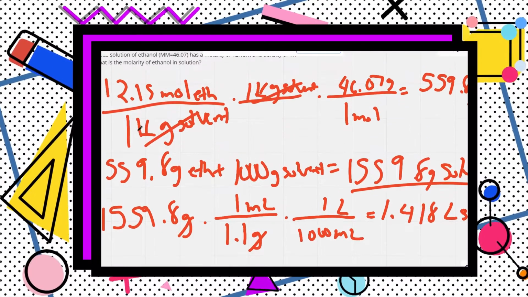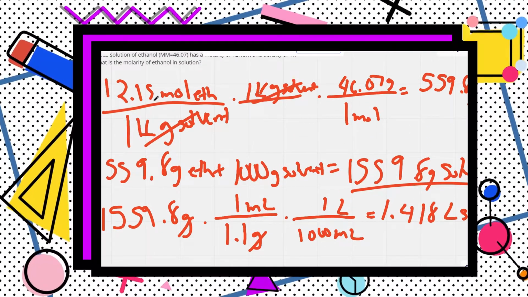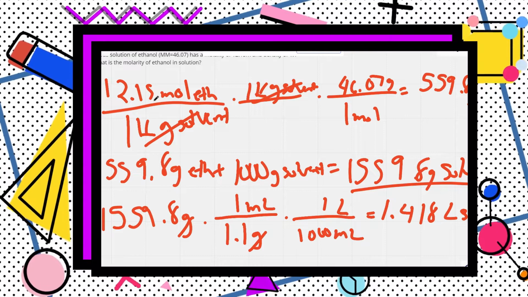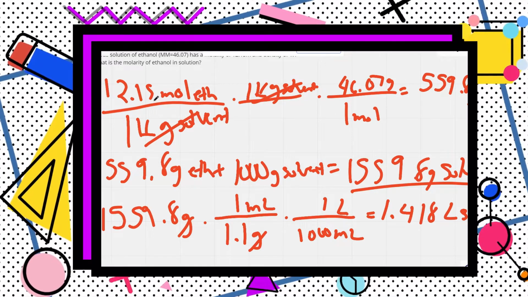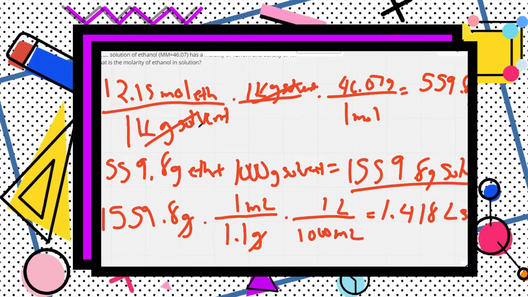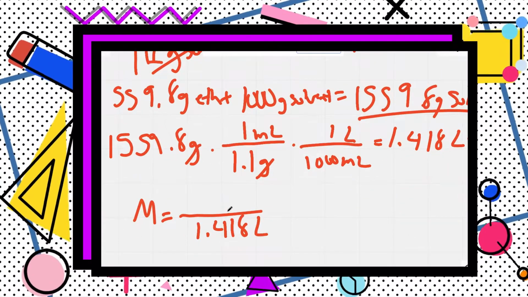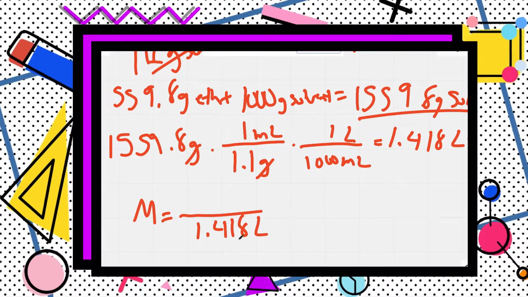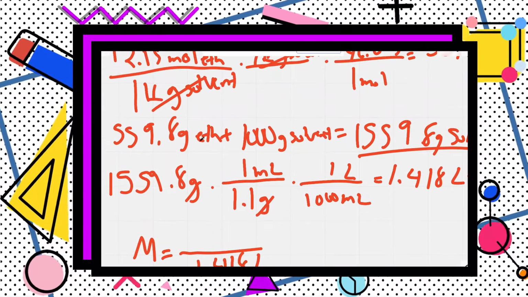The moles of solute were given to us, because we understand that molarity and molality both have moles. Y'all, they both have moles. With molality, we got the moles of our ethanol over our kilogram of solvent. Molarity is just the moles of the solute over the volume of the solution. So we already know the moles.